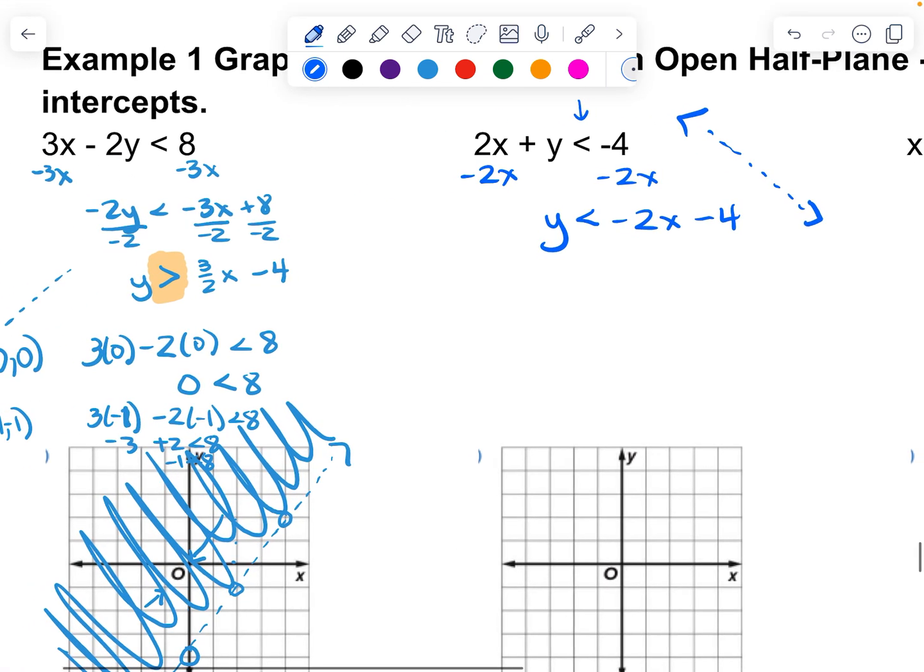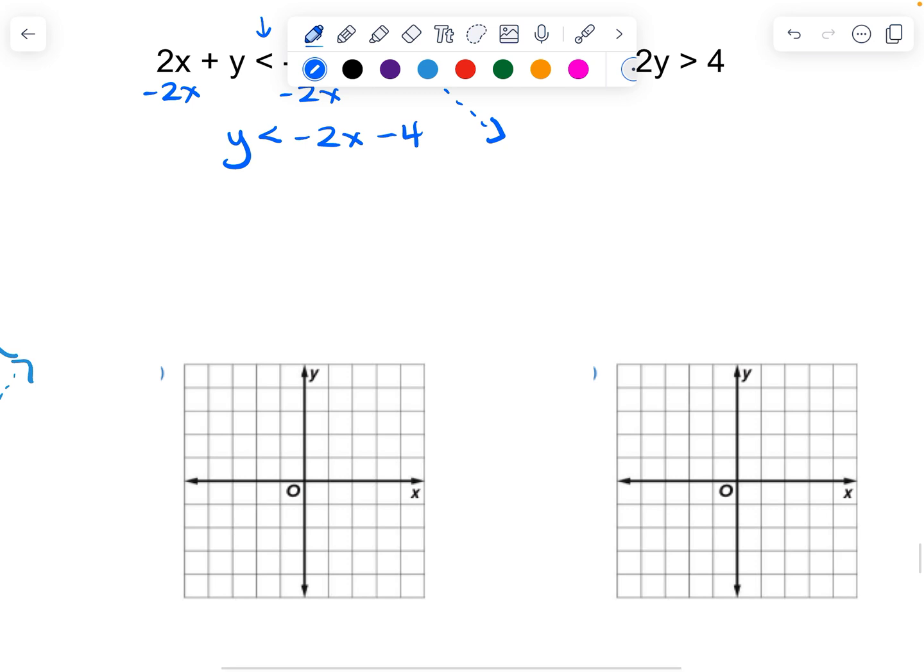Oh, is it the same? No, it's not. So I go down to -4: 1, 2, 3, 4. I open dot it. I go up 2 and make sure I go the negative direction, over 1, repeating that. And then I would draw a dotted line.